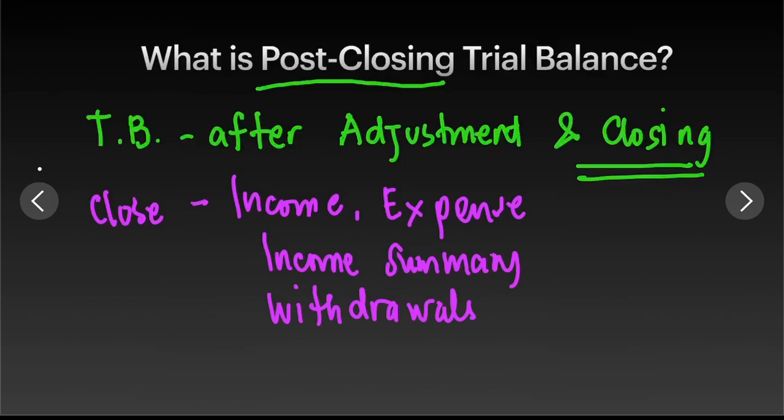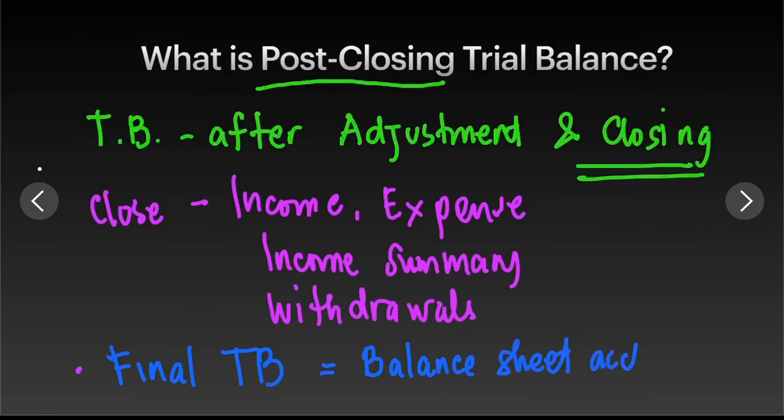So a post-closing trial balance is actually considered to be the final trial balance, and it only contains balance sheet accounts, which are the assets, the liabilities, and the capital account. Why?